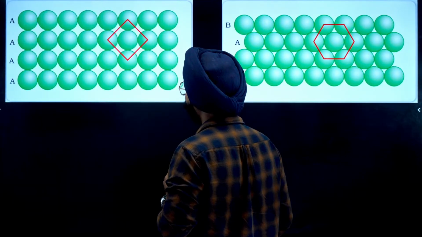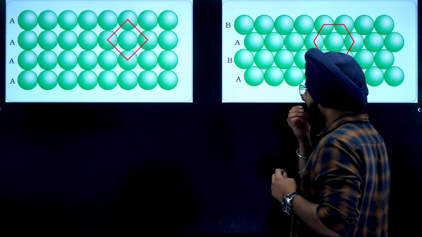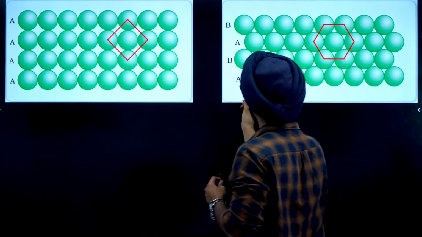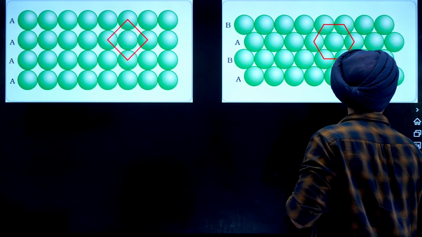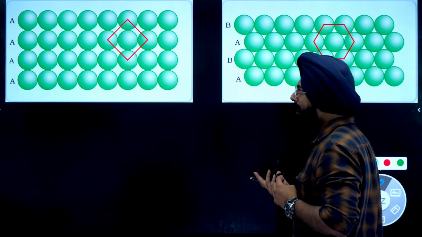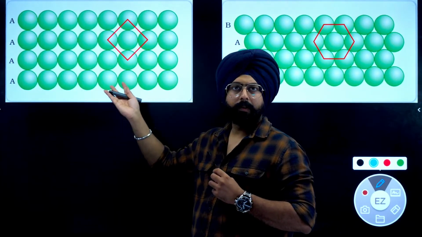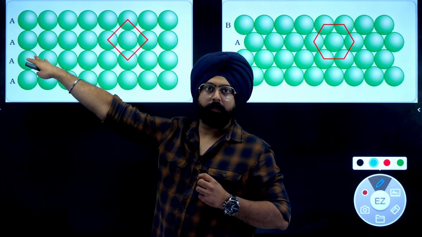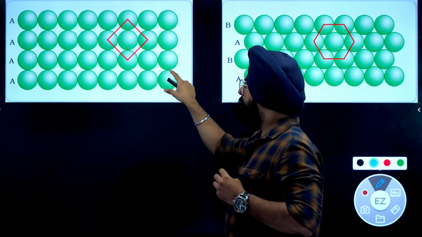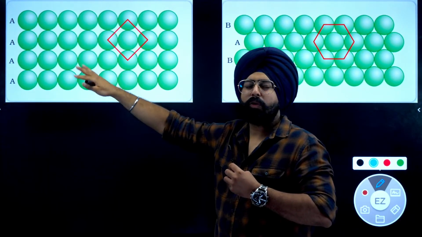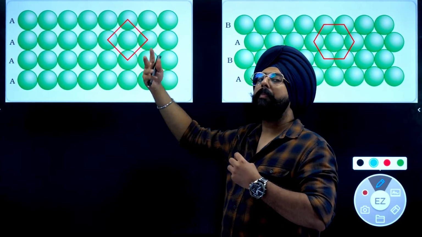Anyway, okay friends. So now over here what I want to show you is AAAA and ABAB. What do you mean by AAAA and ABAB? See, over here all of these layers are placed right on top of each other. This layer is the same as this layer, is the same as this layer, is the same as this layer. Therefore, all the layers have the same pattern.